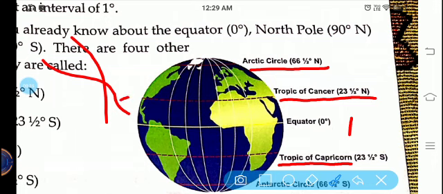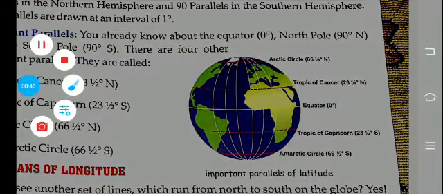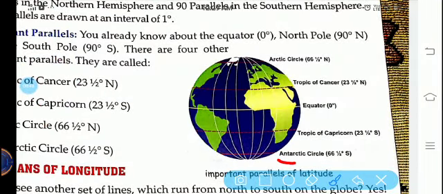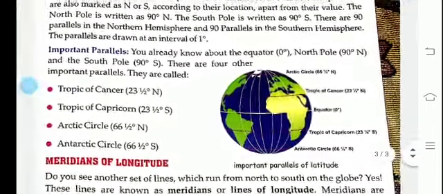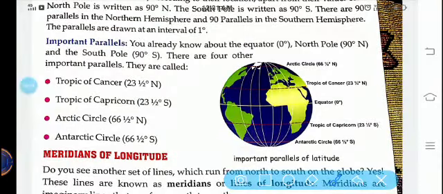This is 23.5 degree south. And this is the Antarctic Circle, 66.5 degree south. So these are the 4 more important parallels which we have to study. Children, practice this diagram of important parallels of latitudes.